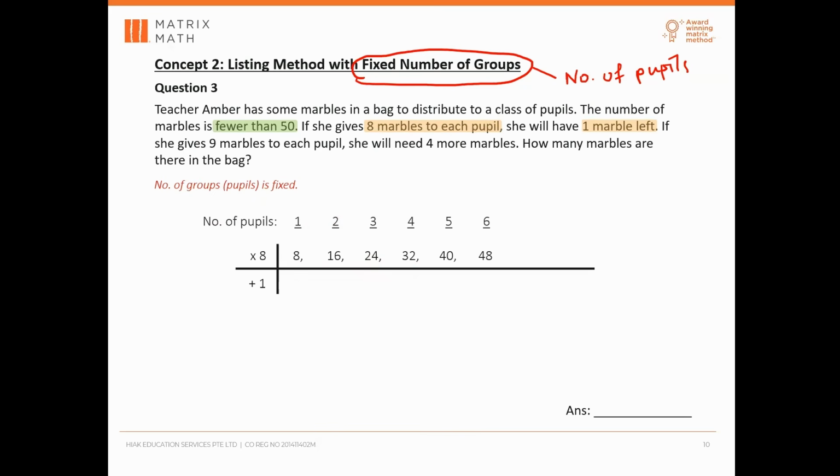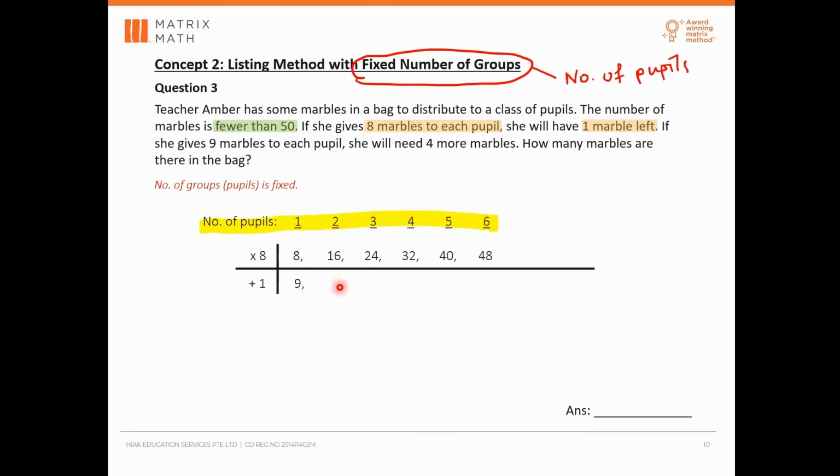So the difference between concept 1 and concept 2 is this part here. This one is important. The number of groups matters. So you have to state how many groups are there or how many pupils are there. So if you have 8 marbles, you have 1 left, so you need to add 1.